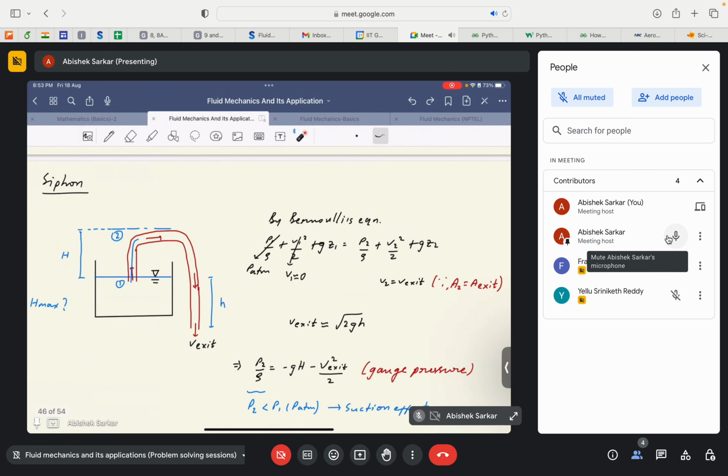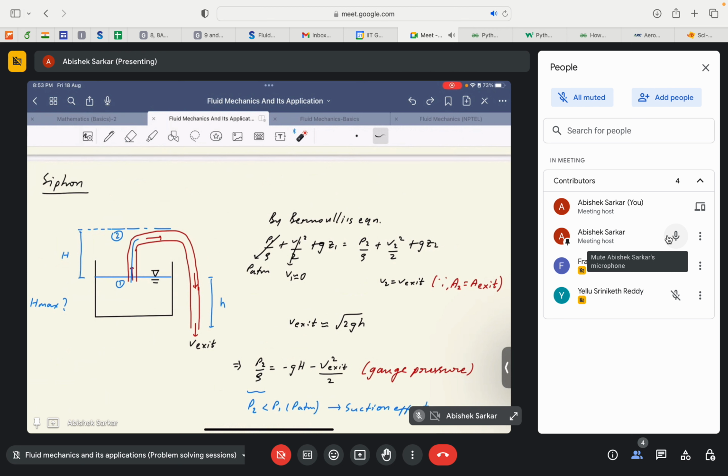Then we deal with the siphon. The working of a siphon and its applications, I guess, are well discussed in the lectures. But still, I will show you how to apply Bernoulli's equation in the case of a siphon.